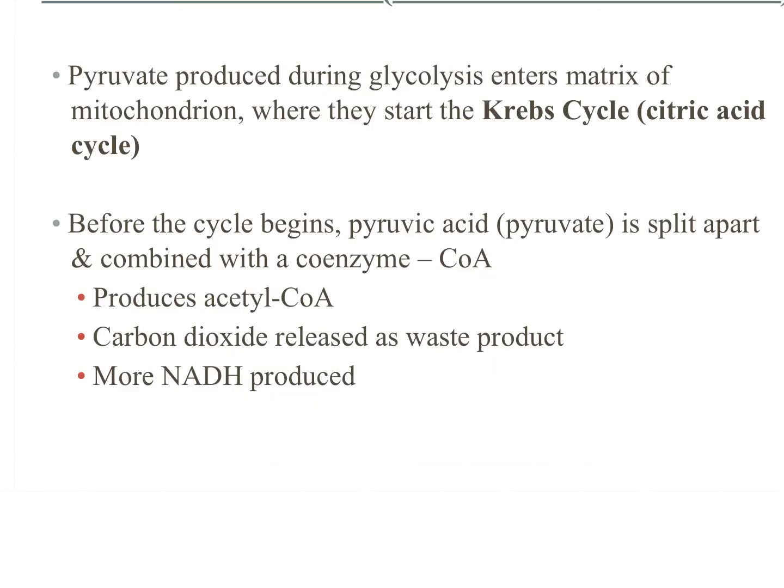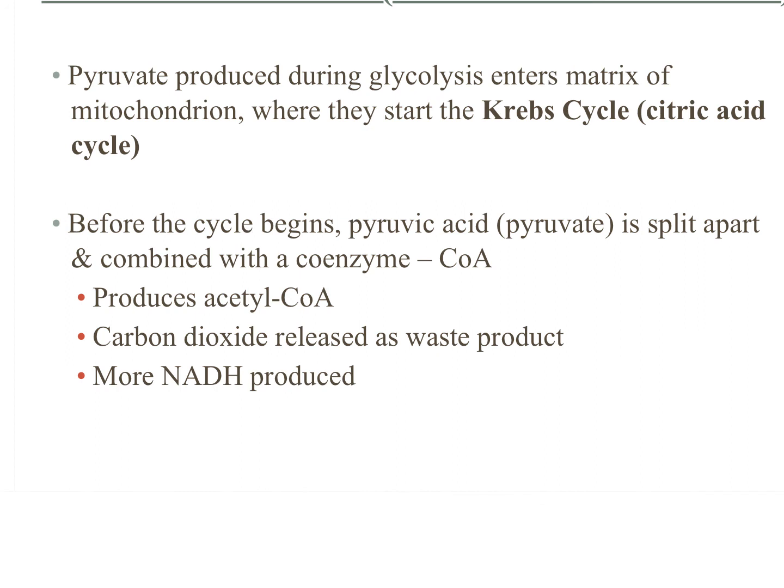A little reminder that glycolysis took place in the cytoplasm, but now the pyruvate produced during glycolysis enters the matrix of the mitochondrion, where they start the Krebs cycle, or the citric acid cycle. So this is where things are going to get a little more interesting. Before it can start the process, your pyruvate is split apart using a coenzyme A, right?